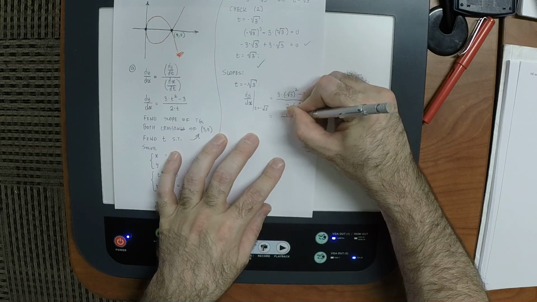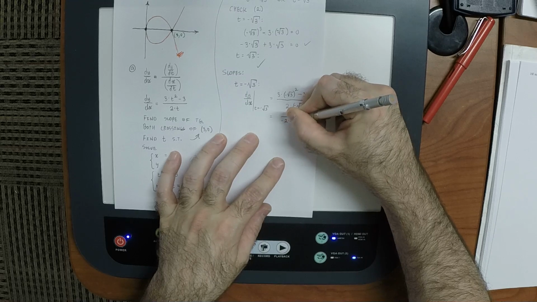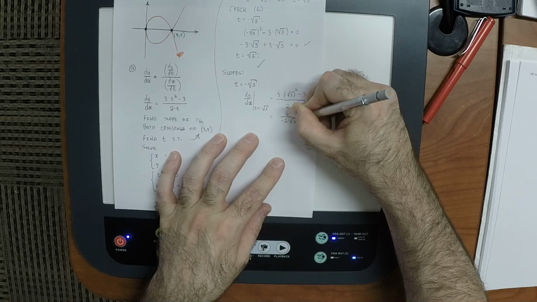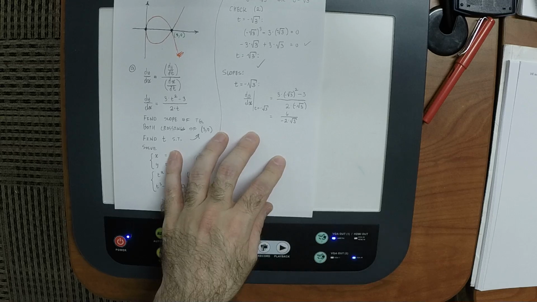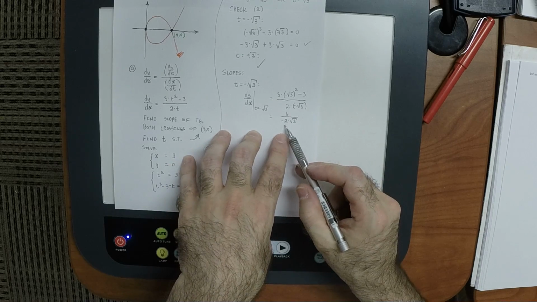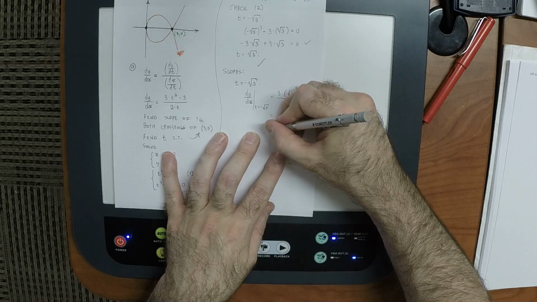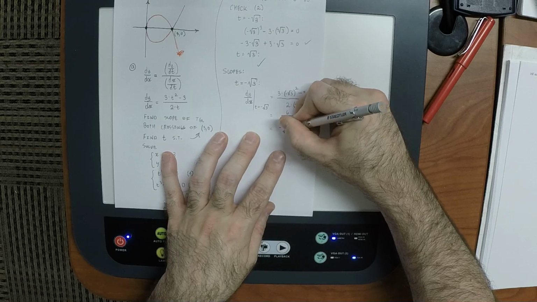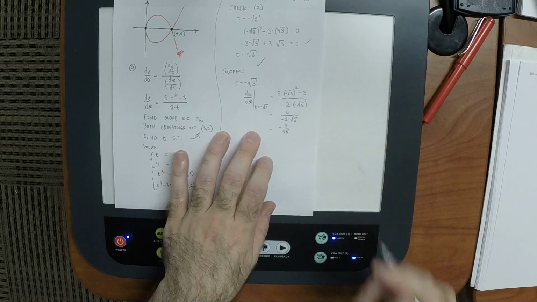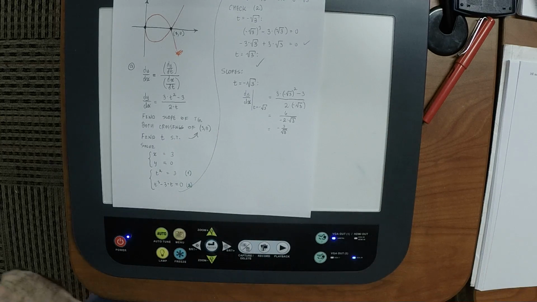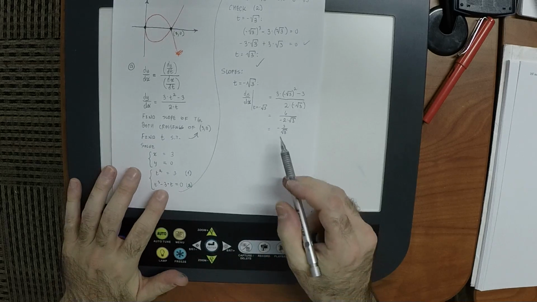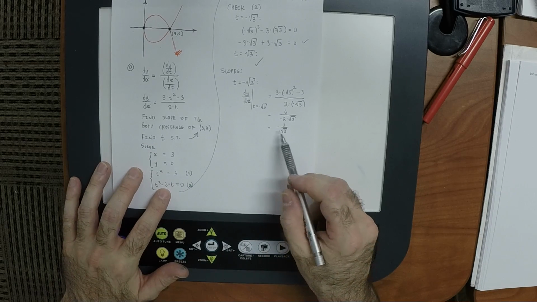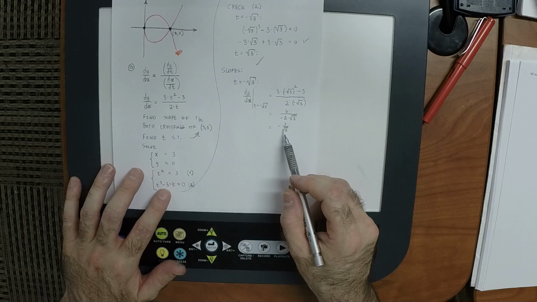So that'd be 6 over negative 2 square root 3. And then I can do a little bit more simplification. 6 over 2 is 3. So you could write it like this: negative 3 over the square root of 3. And if you felt so inclined, you could rationalize the denominator, but I'm not so worried about it. So that's the slope.